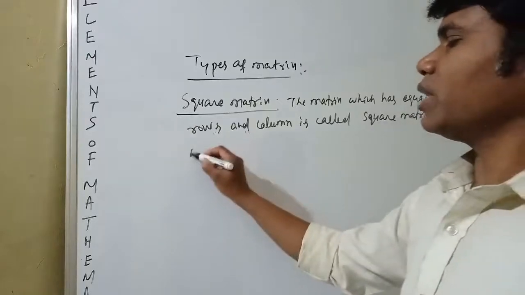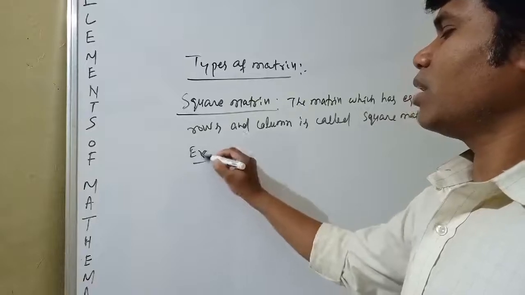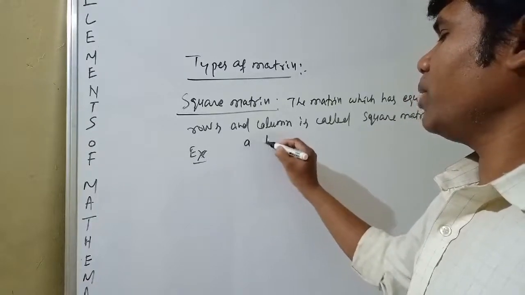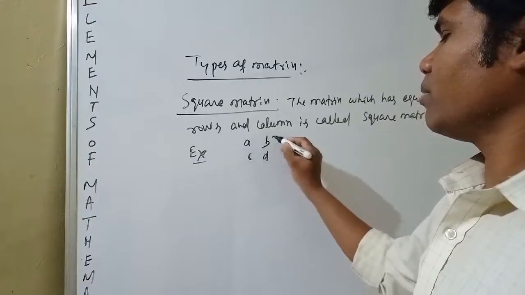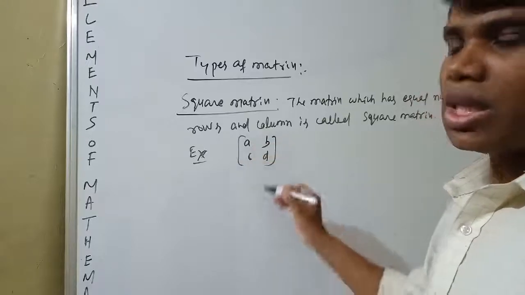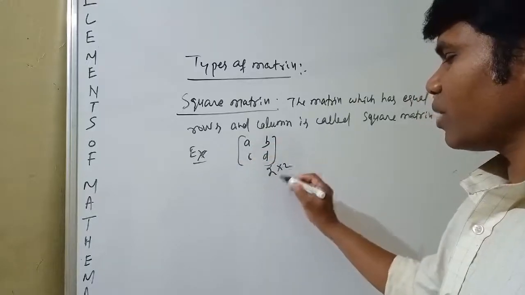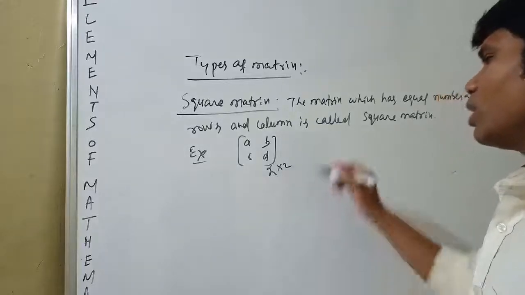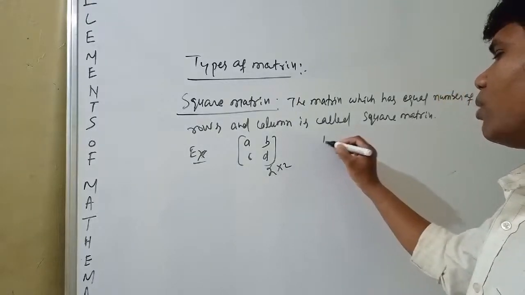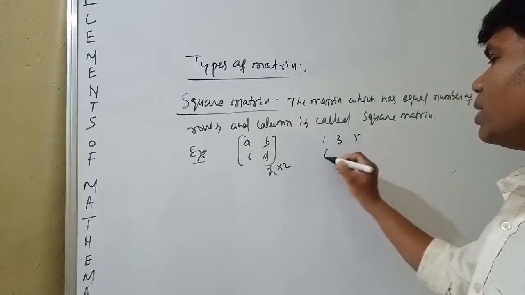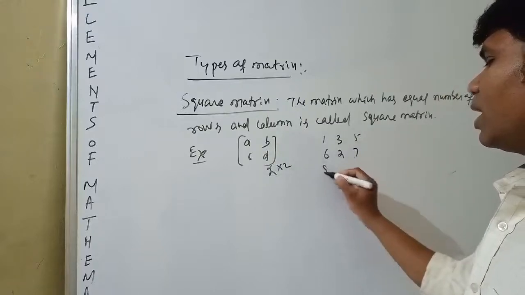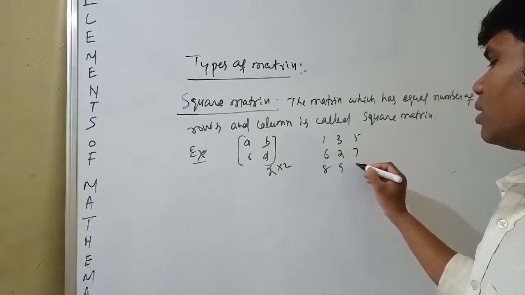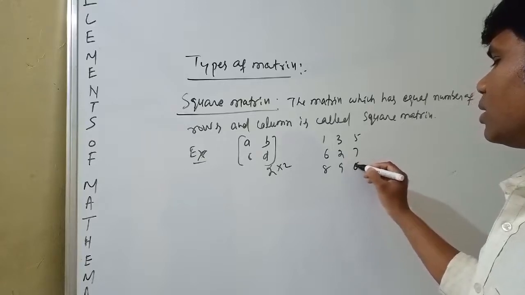For example, A, B, C, D. This is of order 2 cross 2. That means the number of rows is equal to the number of columns. Suppose 1, 3, 5, 6, 2, 7, 8, 9, 6.